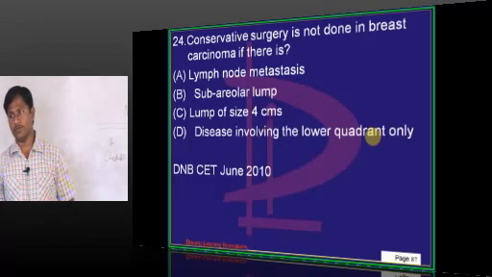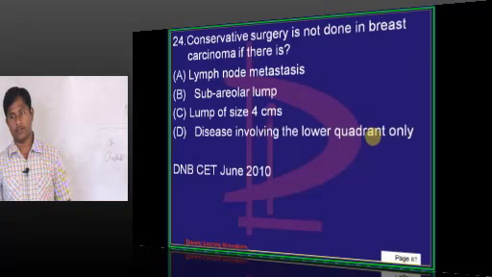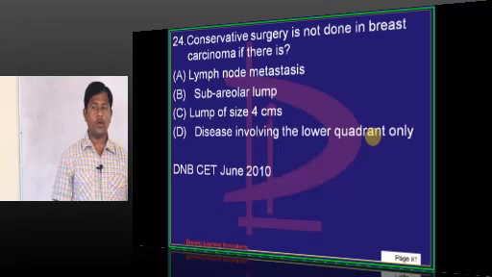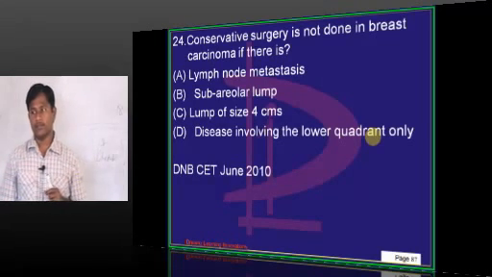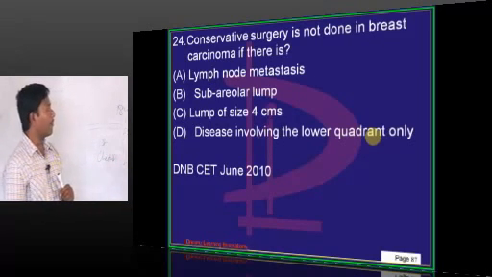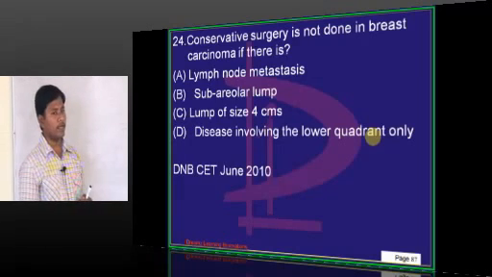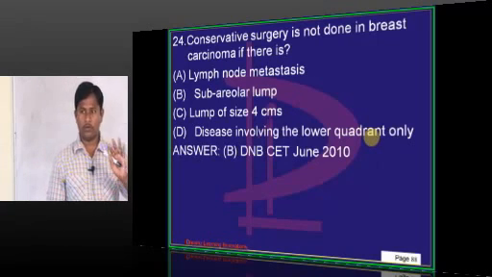Subareolar lump, do you want to do a breast conservative surgery for a subareolar lump? Yes, it can be done. A lump of size 4 centimeters involving the lower quadrant only. Majority of times, no. Don't worry about the answer.